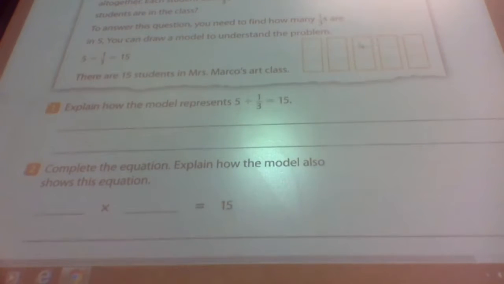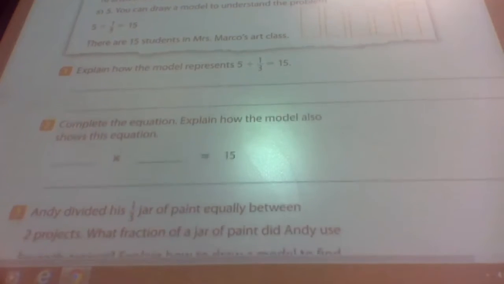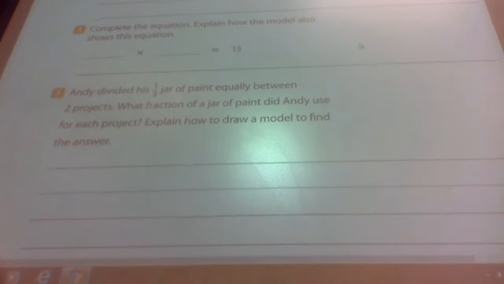Number 1 says, explain how the model represents 5 divided by 1/3. Okay. Good. You have 5 whole blocks. You split them into thirds. You count the blocks, and there's 15.